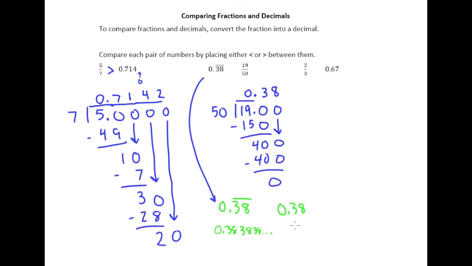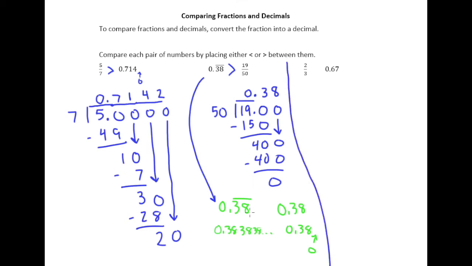And so of course that is definitely bigger than 0.38, because what comes after the 8 here? Well, again, a 0 is kind of hiding out there. So this is definitely a bigger number than that, and so we can say that 0.38 with a bar over it is definitely bigger than 19/50.